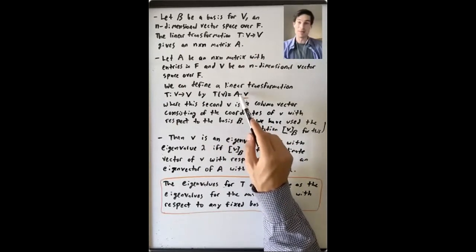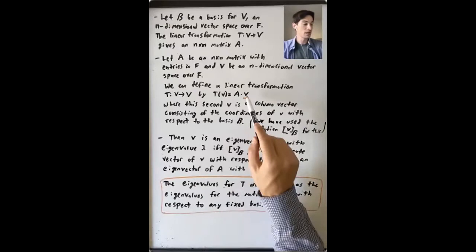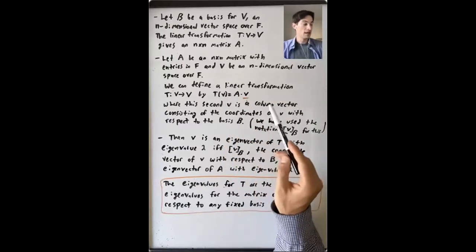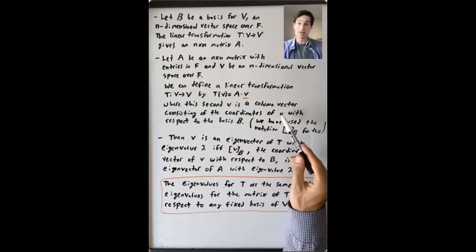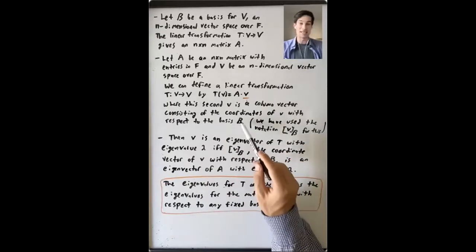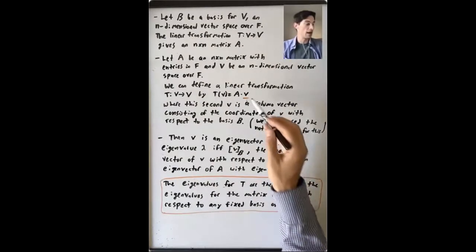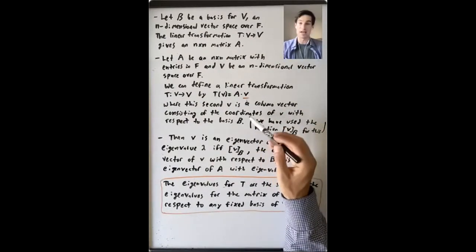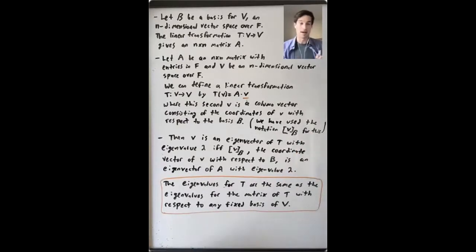This is an n by n matrix with entries in F. This is only going to make sense if this is a column vector with entries in F of length n. So this second v is going to be a column vector consisting of the coordinates of this vector v with respect to the basis B that we chose up here. We've used this idea before of taking this vector of coordinates to express a vector in terms of a chosen basis. We've written this as [v]_B.